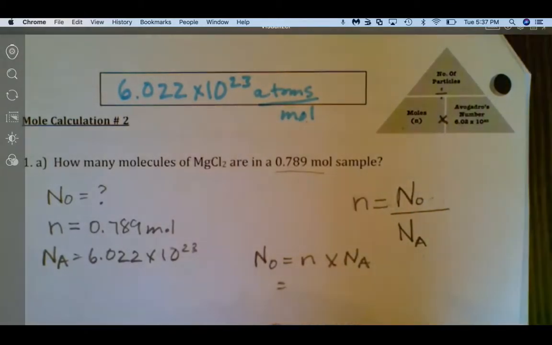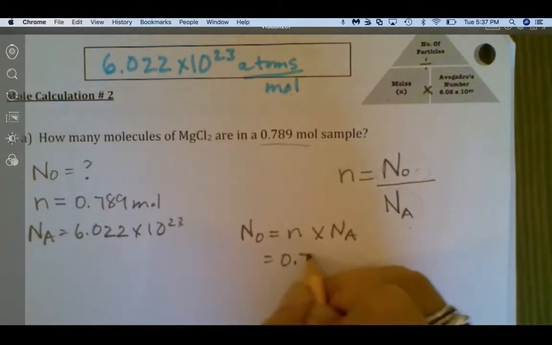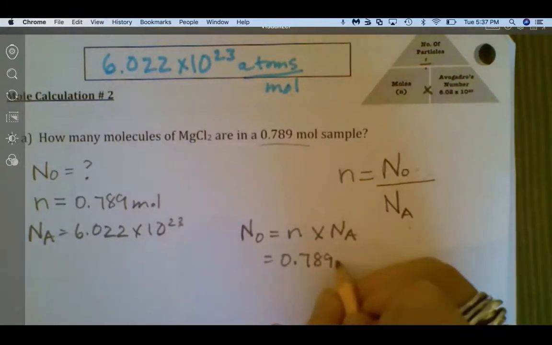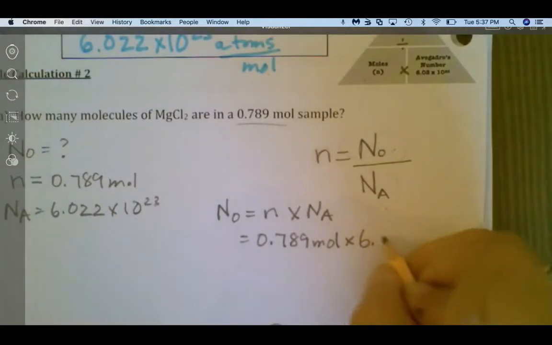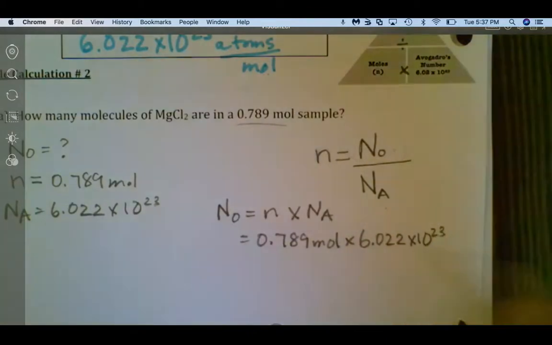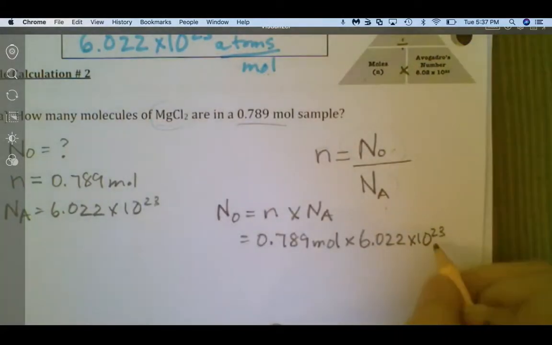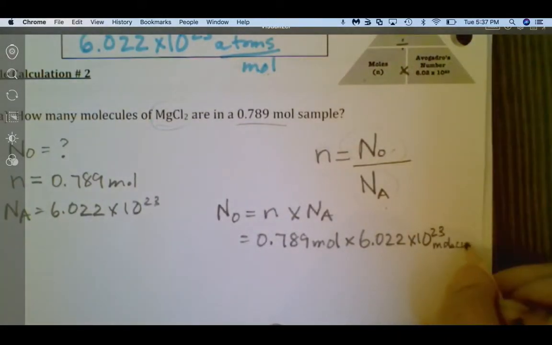And now I can substitute my values in. 0.789 moles times 6.022 times 10 to the 23. Now, because this is a molecule, I write down molecules per mole.